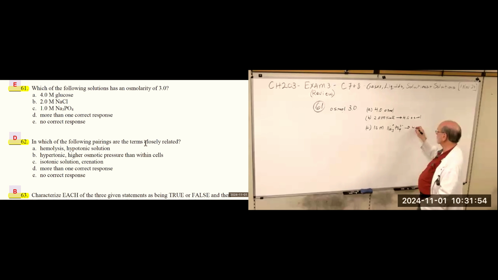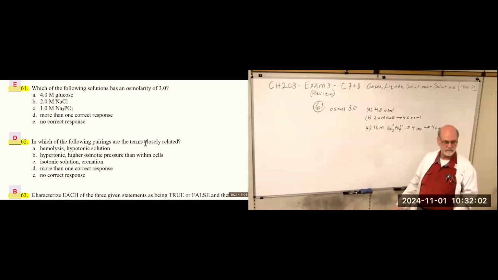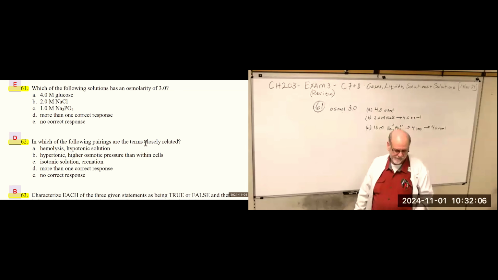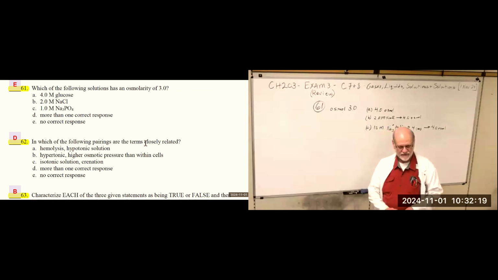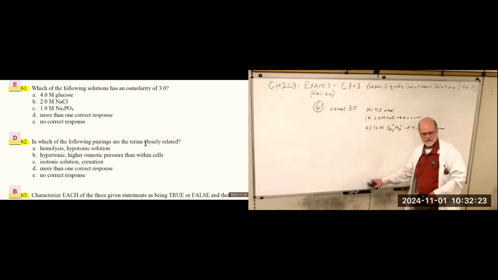This produces 4 ions, which also yields 4 osmol. None of them are 3. They're all 4. So all I would have to do is change osmolarity to 4, and then the answer would be, instead of E, it would be D. Think in those terms. How sneaky could your instructor be?